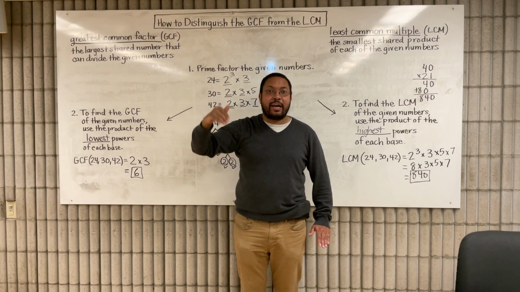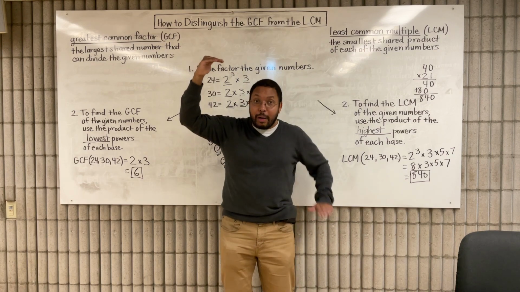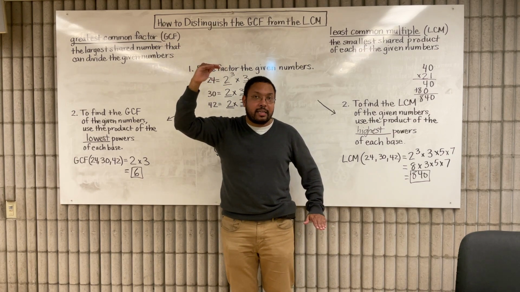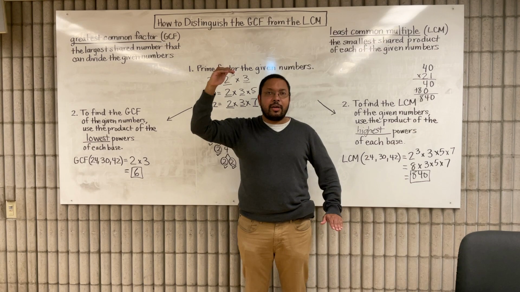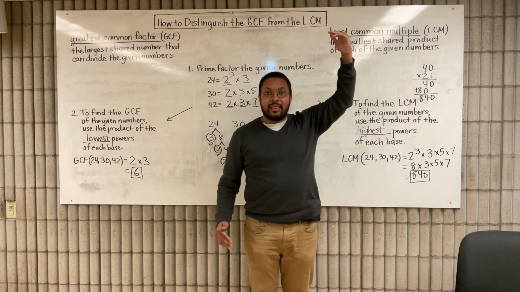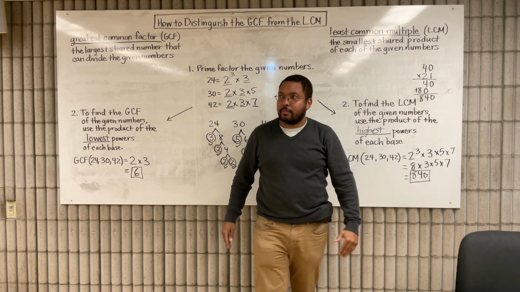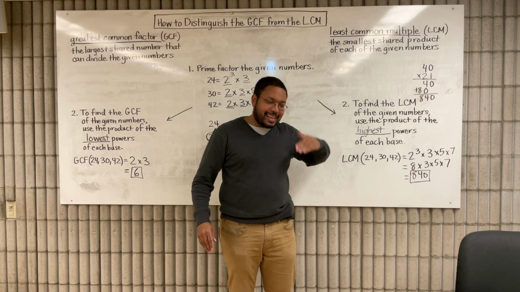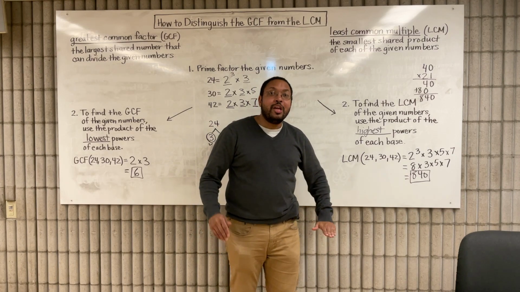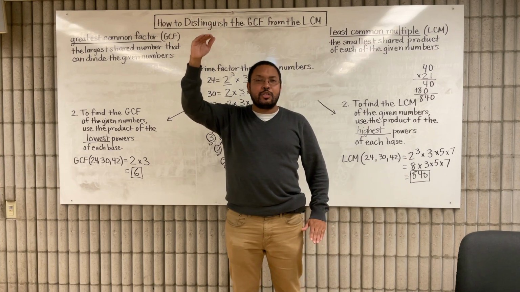One more time. To find the greatest common factor, take the lowest power of each different base, and the products are going to give you the answer. And to find the least common multiple, you're going to find the highest power of each different base. Okay? So they're opposites.